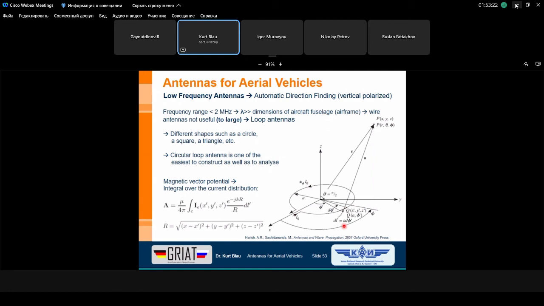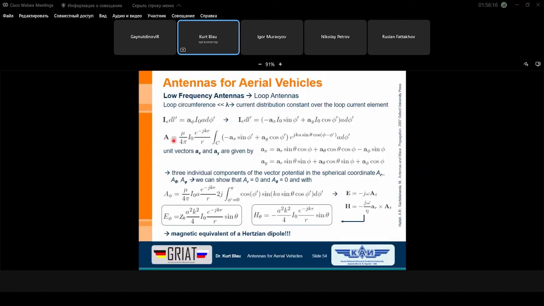And now the magnetic vector potential A can be written in this way. We have to integrate around the circumference. This is the large C here. This is the integration around the circumference. And here we can write the two unit vectors in this way.